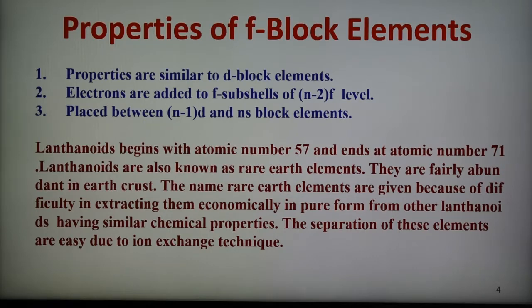The name rare earth element was given because of the difficulty in extracting them economically in pure form from other lanthanides having similar chemical properties. Now, by using ion exchange resin, the separation of these elements is easy and also economical.